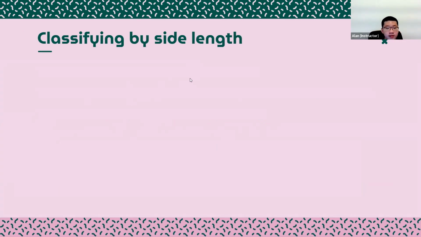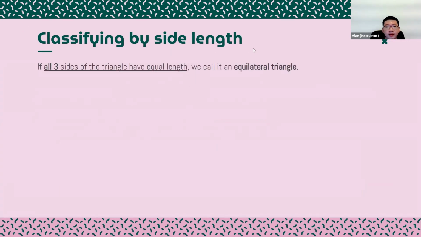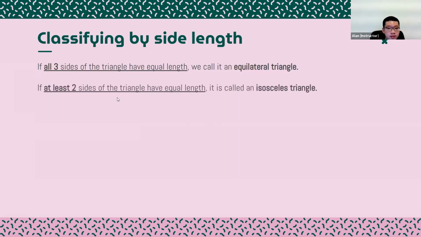So how would we classify these triangles by side length? Well, if all three of them have equal length, we call it equilateral. If at least two of them have equal length, it's called isosceles. Since an equilateral has three equal sides, it's technically isosceles, because isosceles just has to have at least two.